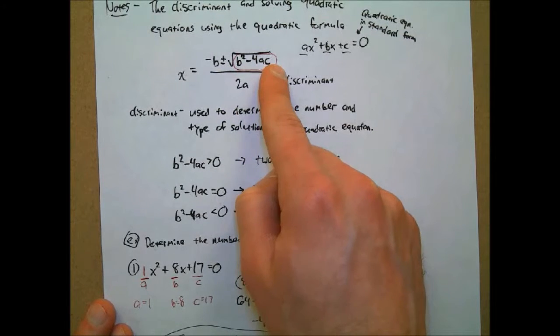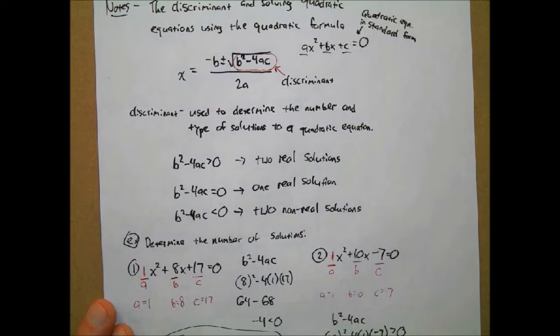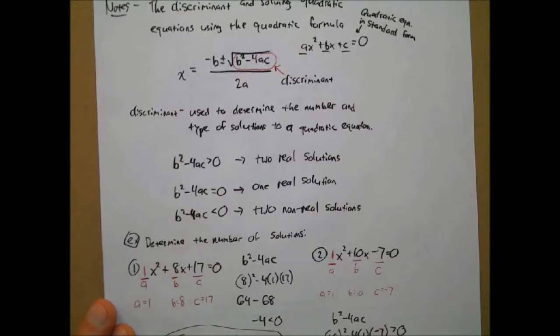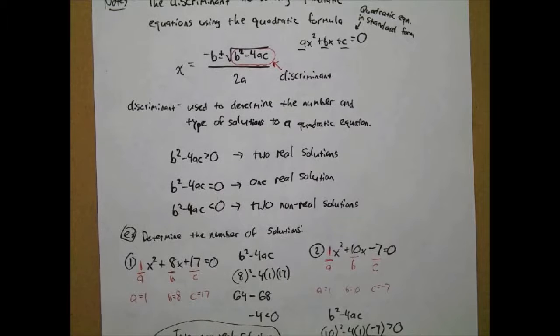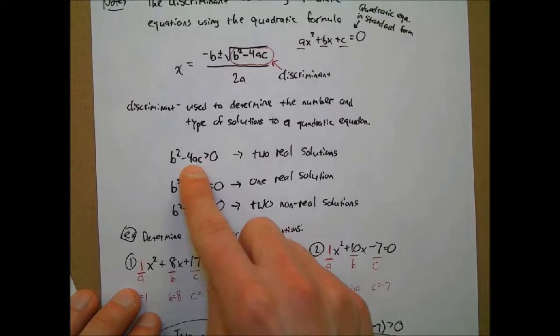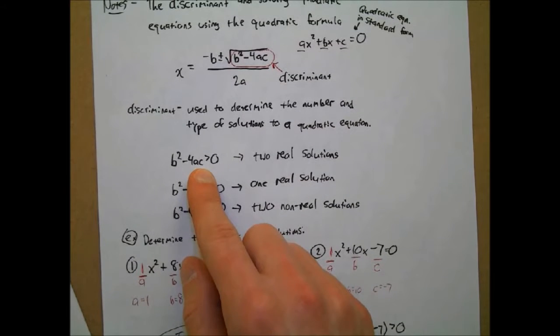You find out those letters in front of it, and then you do b squared. So good question, right? It depends on what the sign is. If you do -4 times a times c and your answer is negative, then you can add it.